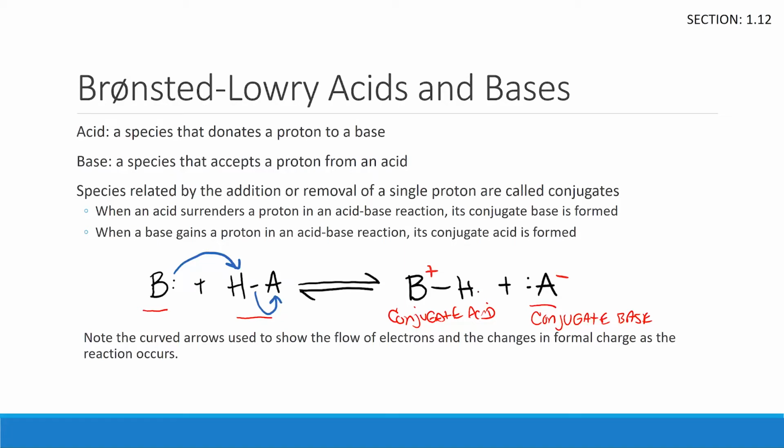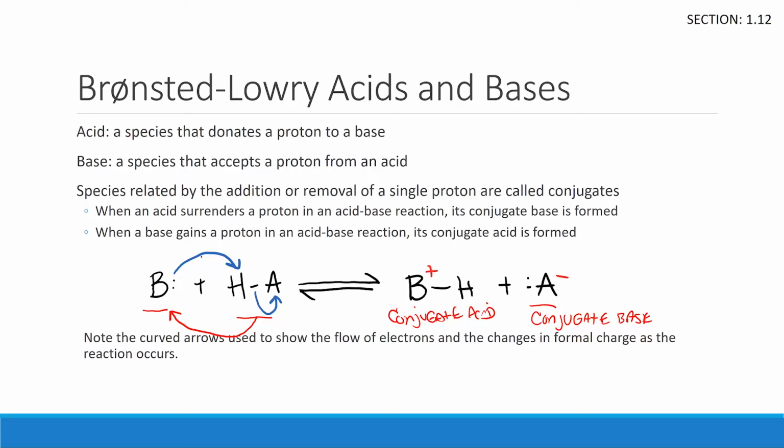I want you to also notice the curved arrows. We talked about curved arrows in the last lecture, and they're showing the flow of the electrons that changes the formal charges in this reaction. So I'm showing you this as a reminder that even though our proton is moving from the acid here to the base here, our electrons are actually moving in the opposite direction.